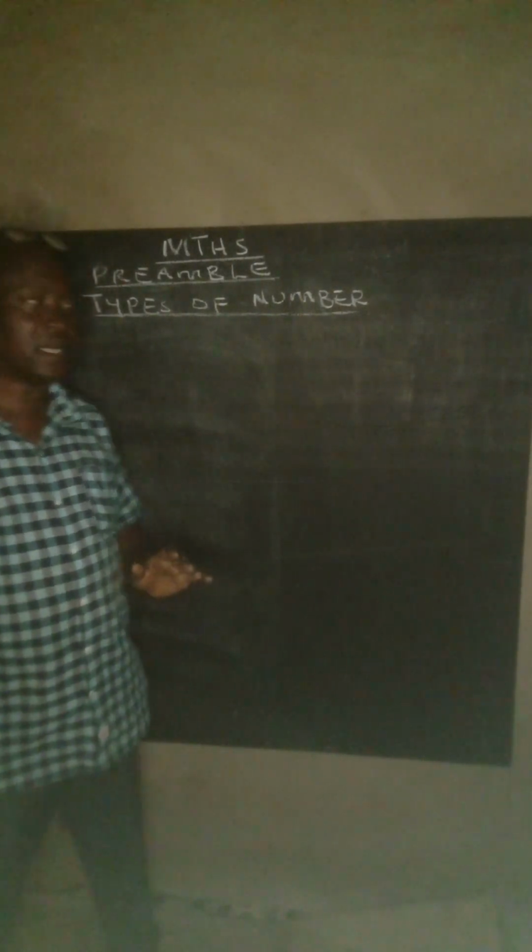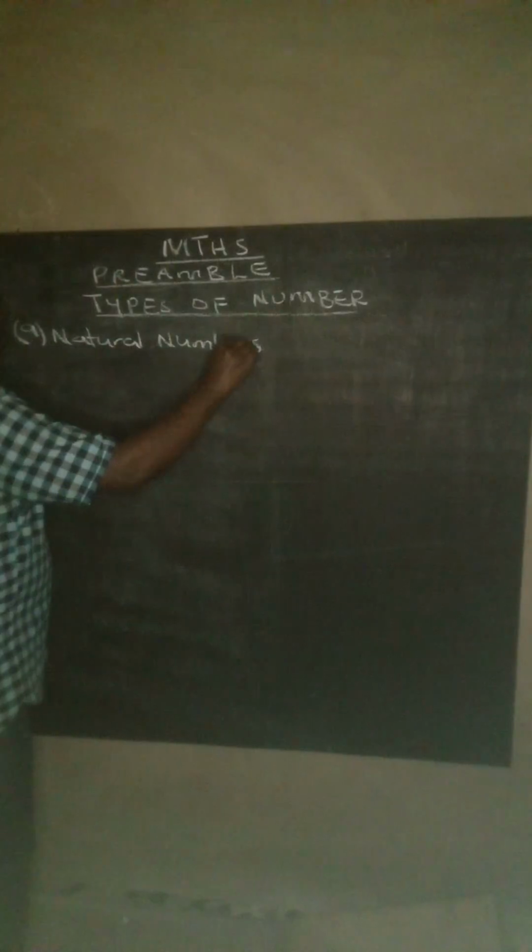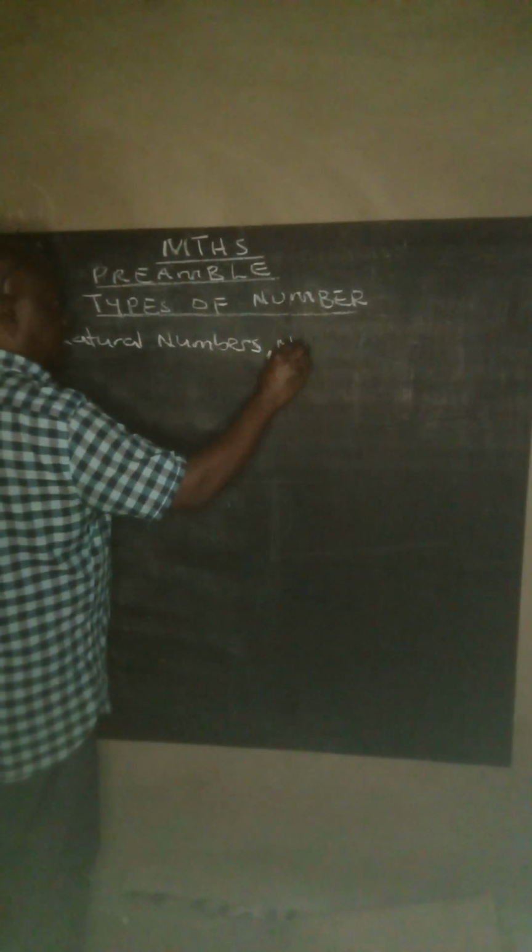And where do we start? Natural numbers. This is what you represent using what? N. Natural numbers.